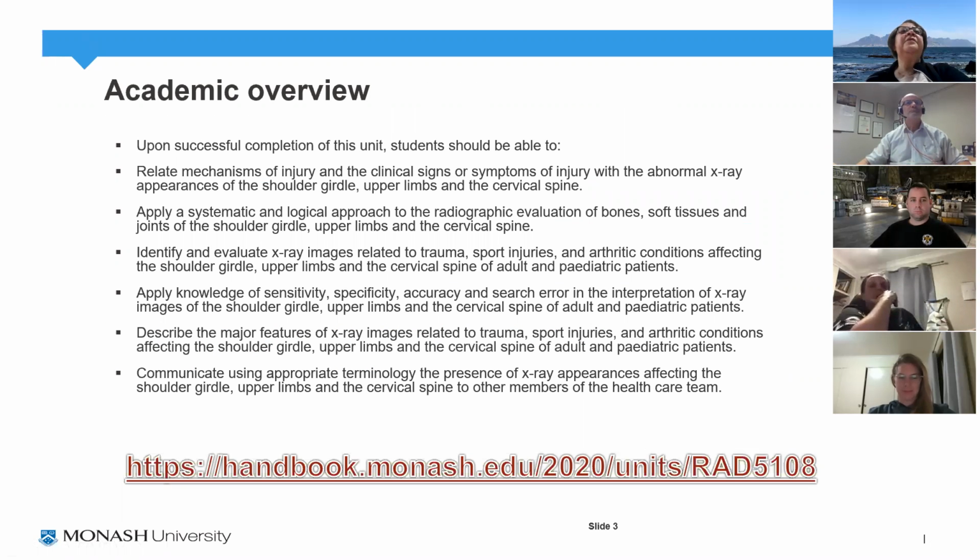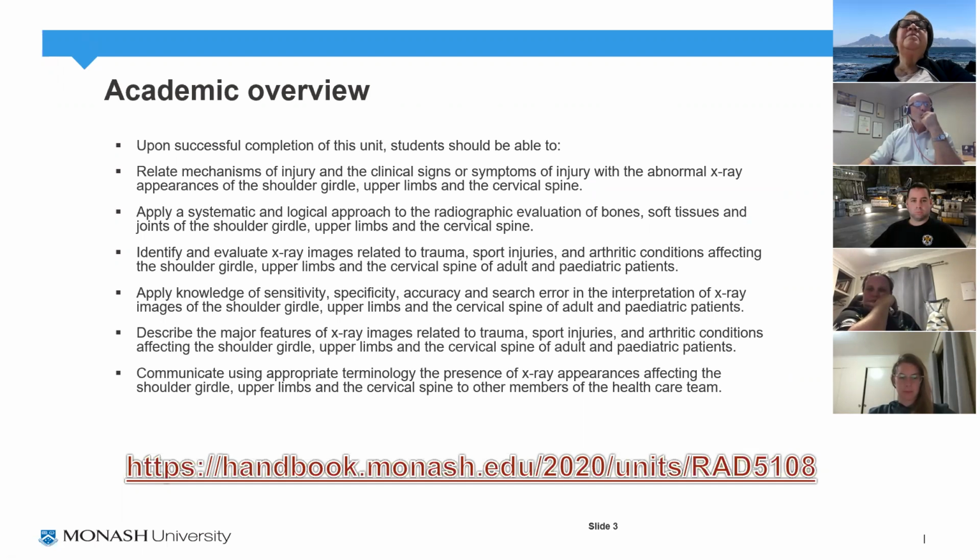So in terms of the learning outcomes for this unit, the focus is on the shoulder girdle, upper limbs, and the cervical spine. You'll have presentations around mechanisms of injury, and then again, a systematic approach in terms of the evaluation of those images for the different body regions.